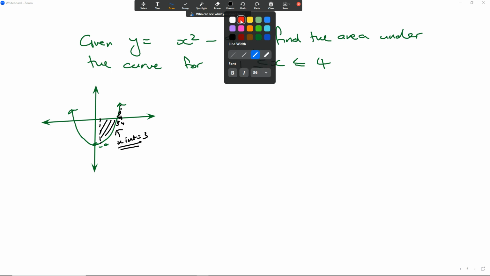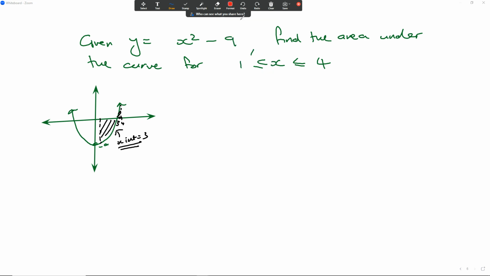Okay, so for this question here, the first thing is, if we want to find the area underneath the curve, remember we have to find the integral of the original function with respect to x. And what we do is we put our starting value 1 over here and our ending value 4 over here. We integrate it like we would normally integrate this, so nothing special.